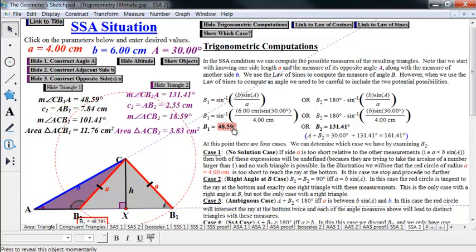There will be an undefined thing, and of course it should be because there's no such triangle. If in fact this is defined, then this one at B1, the acute angle, will always be a possibility. But sometimes this obtuse angle, its supplement, is a possibility as well. And the way you can check is just take the angle A and add it to B2. As long as that's less than 180 degrees, then there is room for the third angle, and this ambiguous case will be showing up.